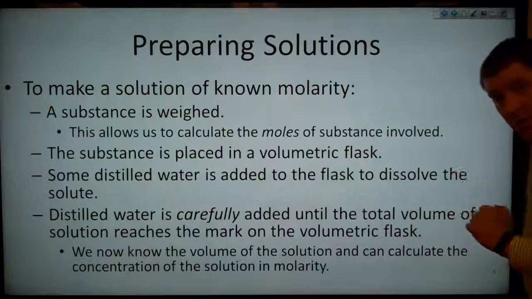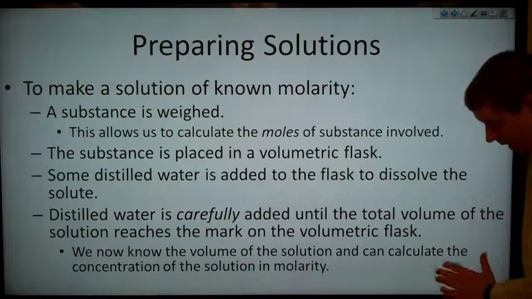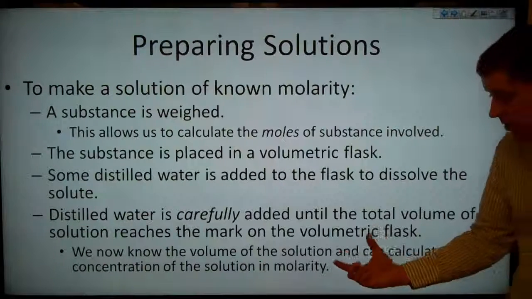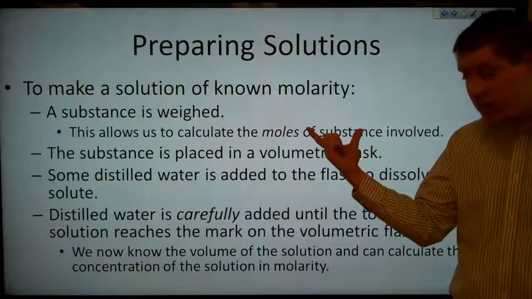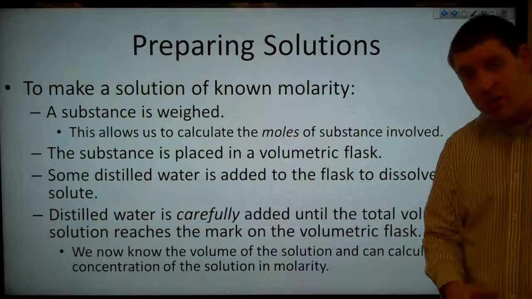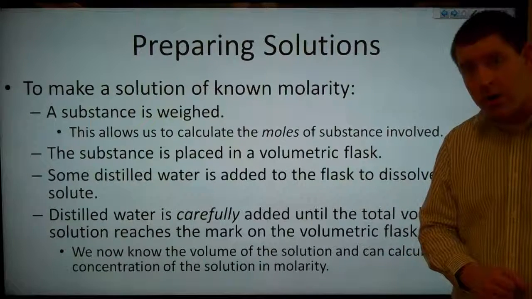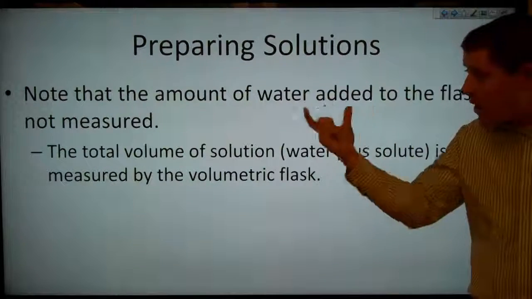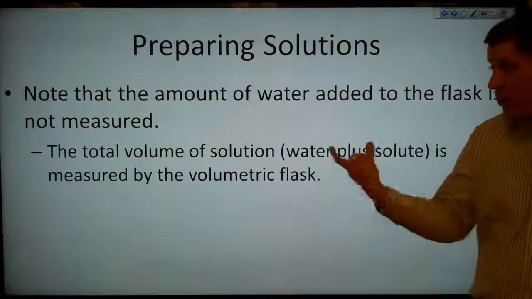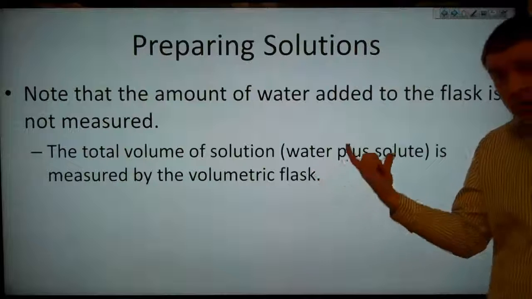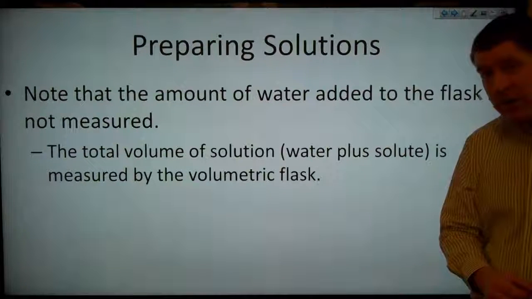We don't know the volume of solvent that was added, but we know the total volume of solution, and then we can calculate the concentration of the solution in molarity because we know the number of moles of solute that we put in, and now we know the volume of solution, so we know moles of solute, we know liters of solution, so we can calculate the molarity. And again, note that the amount of water that we added to the flask was never measured. The total volume of solution, so this is the water plus our solute, is what is measured by that volumetric flask.